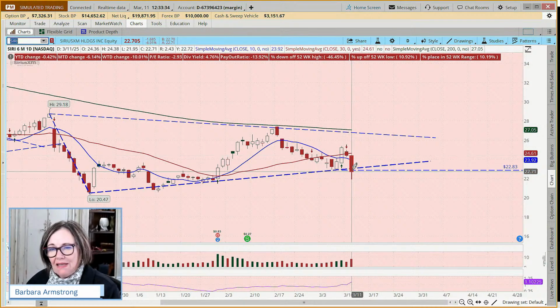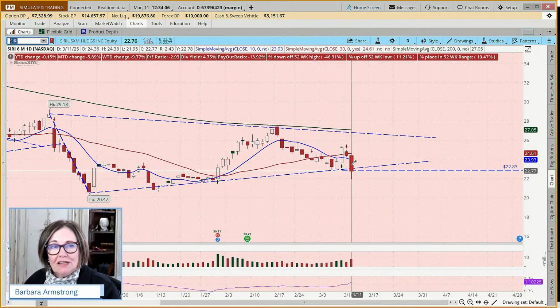But what if you were planning on going on a vacation and you said, I don't want to wait for another day? With everything happening in the market, I could see Siri continuing to go to the downside. So what we could do is put in a conditional order to buy a put if our expectation is bearish. If we look at this and say the low today is 21.95, then if it goes 20 cents below that, I'd like to buy a put.